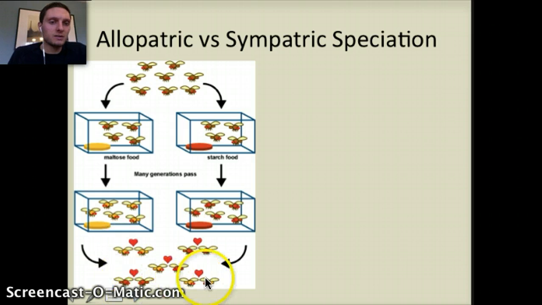This is what was actually sought to occur. These two subpopulations changed enough that there was reproductive isolation, so that when they were reintroduced to one another, the fruit flies that had been provided the starch food only continued to reproduce with those that were also found in the starch food, and vice versa for the maltose.